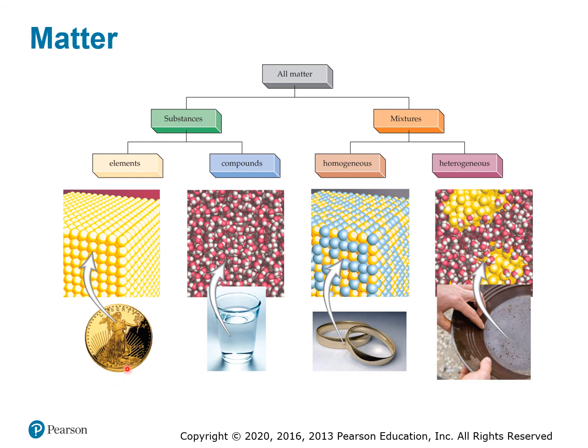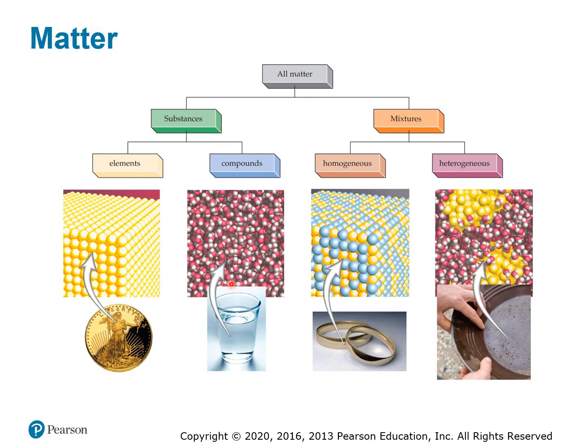Here is an example of a gold coin, and you see how all the atoms of gold are packed together. So you're also seeing a molecular view of gold. Then a compound is made up of more than one element. So here's an example of water. Water is made up of 2 hydrogen atoms and 1 oxygen atom. So you see a molecular view of water.